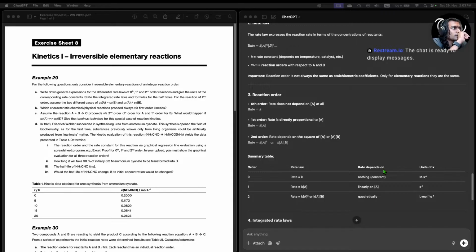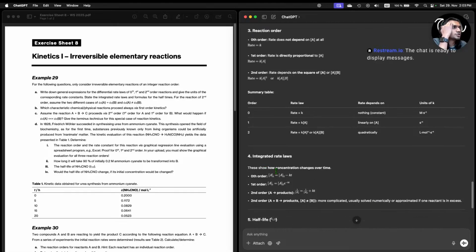Interesting. Zeroth order: rate depends only on the constant. First order: linearly on A, so it depends on change in A, the reactant. Second order: quadratically.